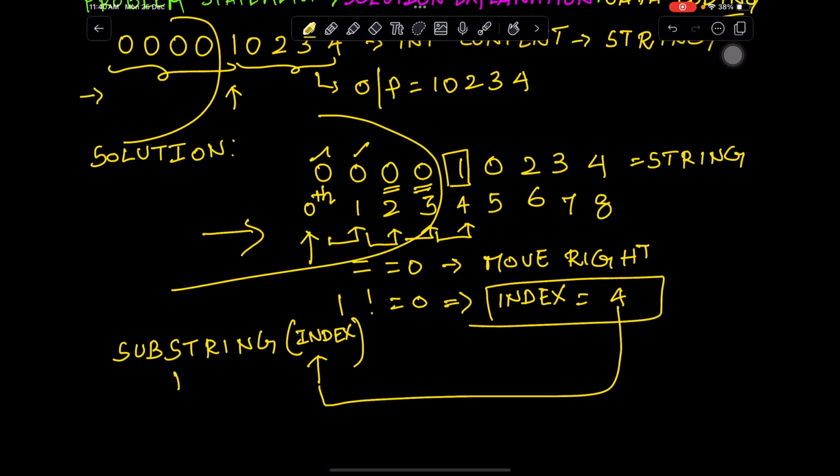What this substring will do is take the digits from the index which we specified, that is the 4th index, till the end of the string.